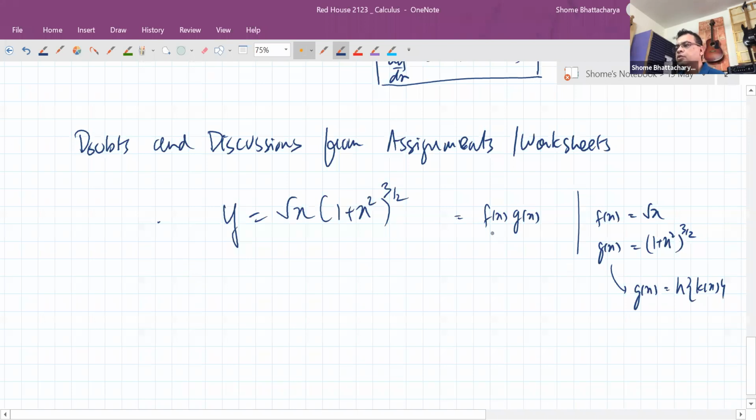Once we have written this as a product, dy by dx will become f prime of x into g(x) plus f(x) into g prime x.